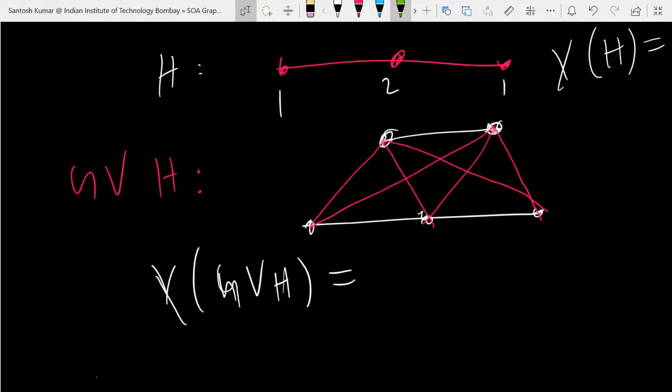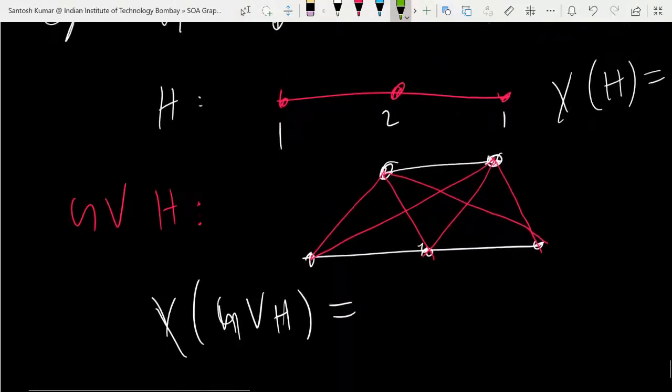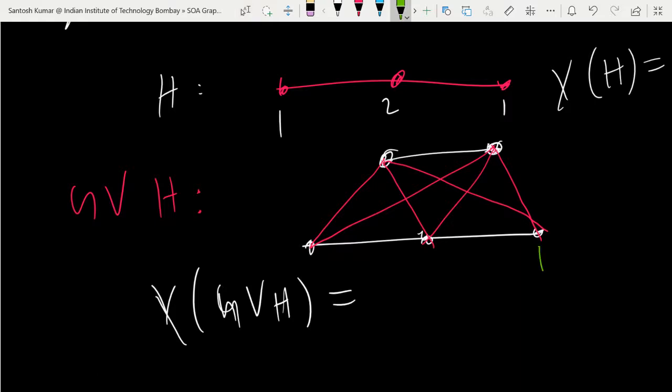Do you want to answer? Let's try. Start here: 1, 2, and you can name the vertices A, B, C, D, E. A and C are non-adjacent, so they can be given the same color, right? A has this color and B has this color, and C can have the same color as A because A and C are non-adjacent.